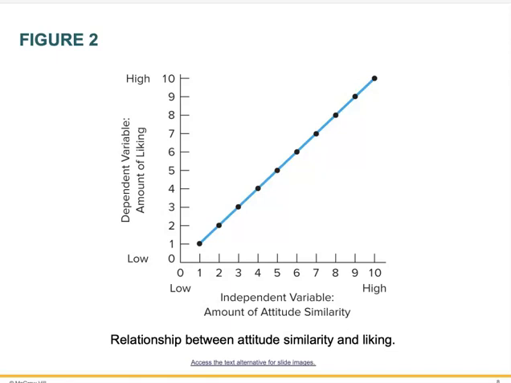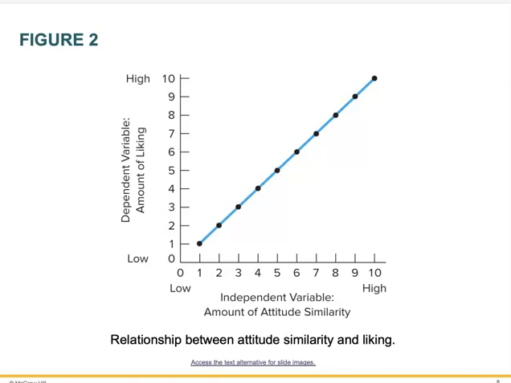When you conduct the experiment, you could arrange for participants to encounter a confederate. In one group, the confederate and the participant would share similar attitudes, and in the other group, they would have very dissimilar attitudes. So similarity is the independent variable and liking is the dependent variable.